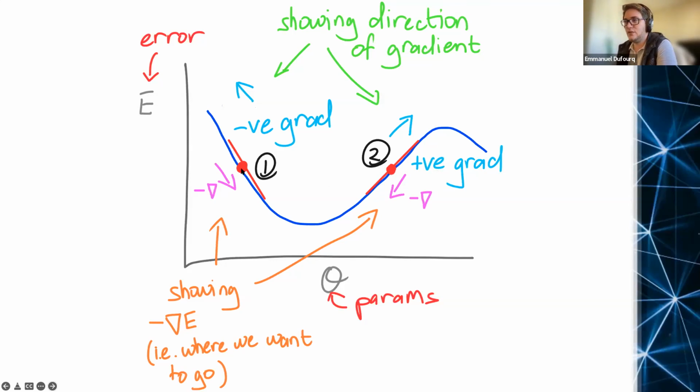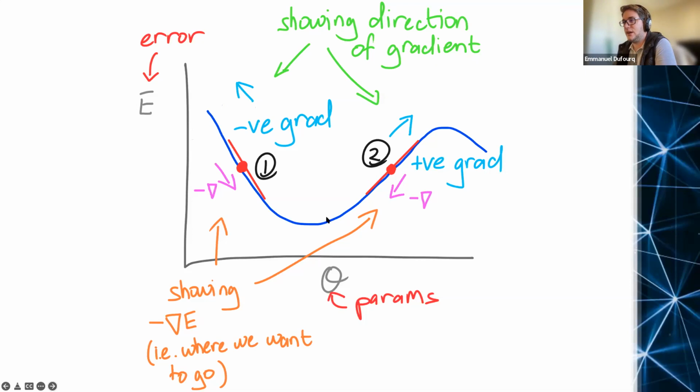In case 1, we're going to take a jump to the right, which means we're going to start here and jump down. We're going to jump this way, which means we're going down the mountain. But if we were at number 2, the negative of a positive gradient is negative, which means we go left, which means we take a jump towards the left, and we also go down.